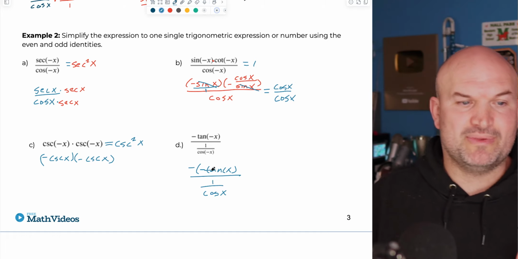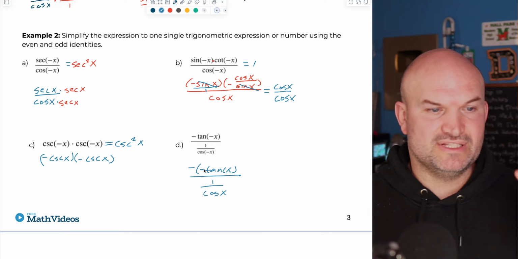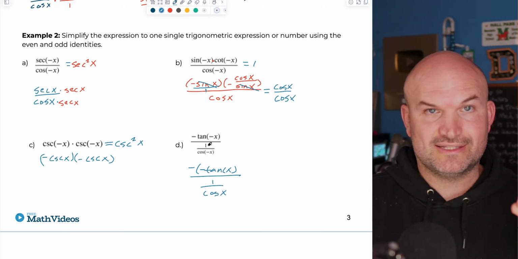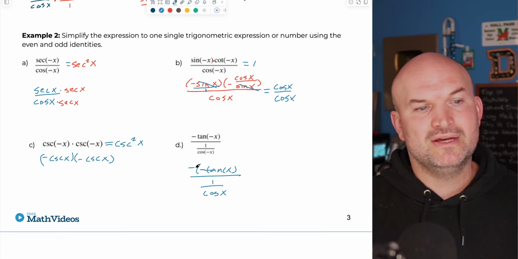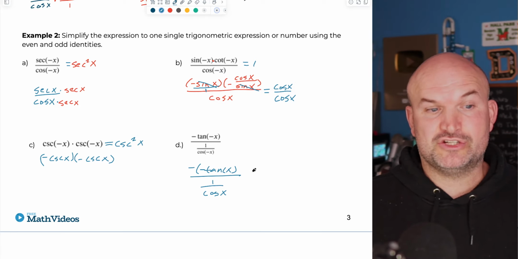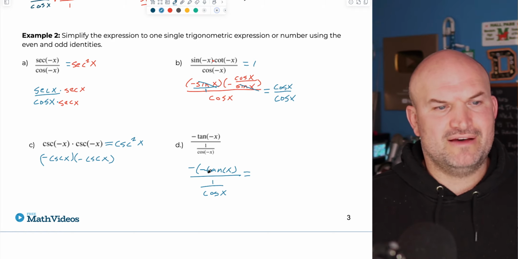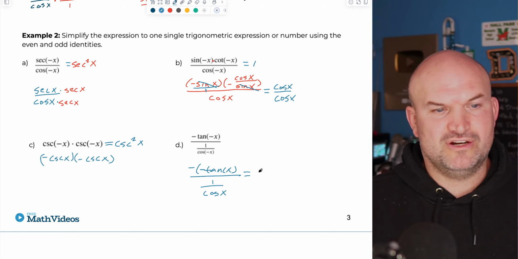So if we rewrite them with the positive angle, you can see that now we have a negative, right? Don't lose that. That's why I'm using these parentheses. Thankfully we know a negative times a negative is just going to be a positive. So therefore we have a tangent over tangent of x.